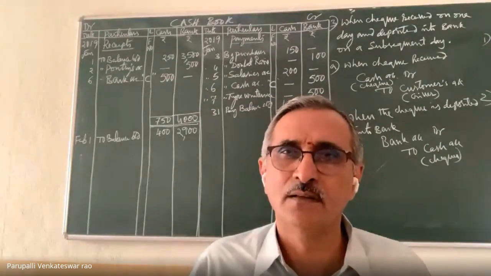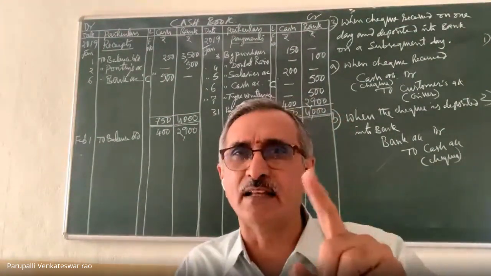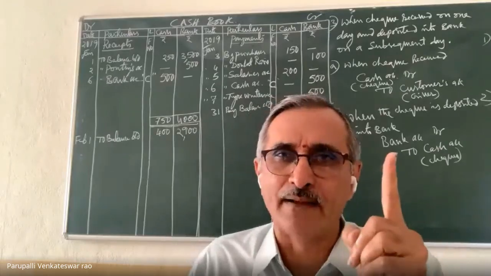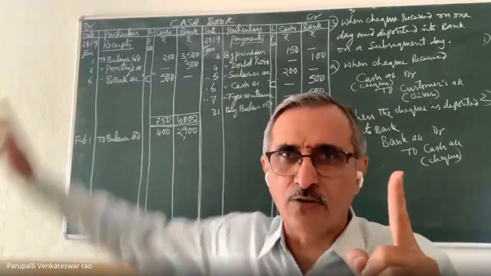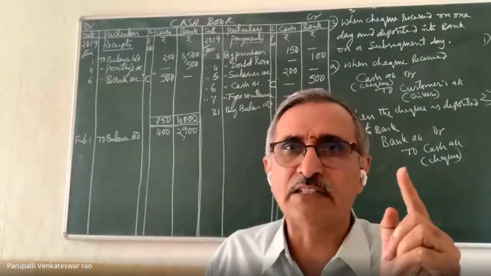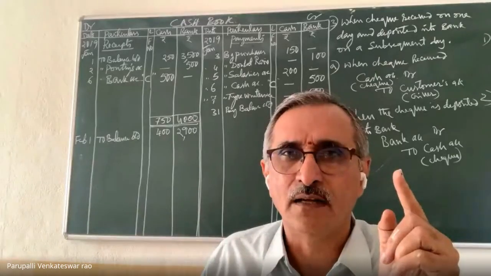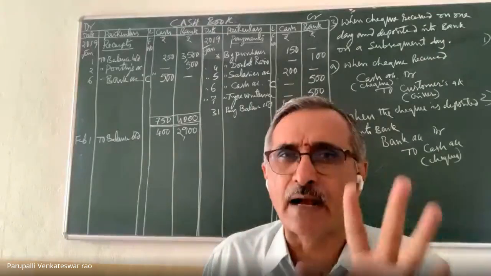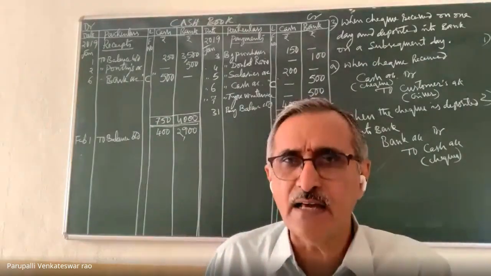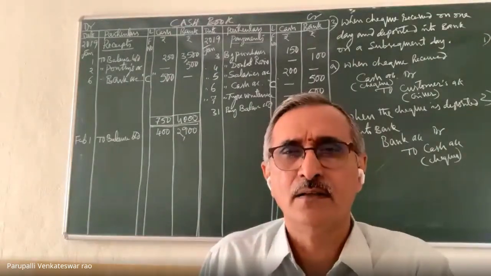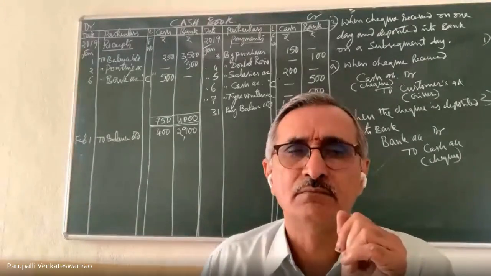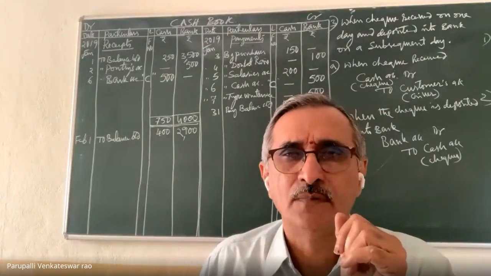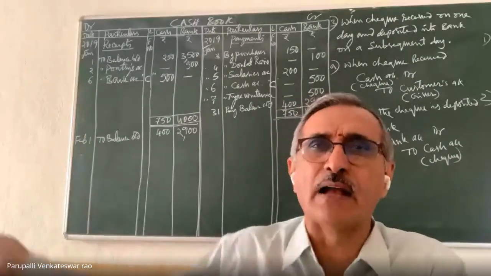That's it. Received or paid? The first question is whether it is a receipt or payment. If it is a receipt, go to the receipt side, the debit side. The next question: did money come as cash or as a cheque? If cash, go to the cash column.